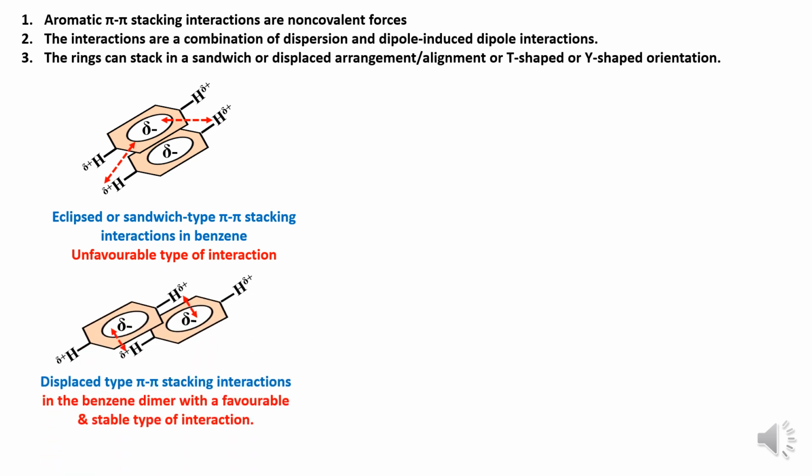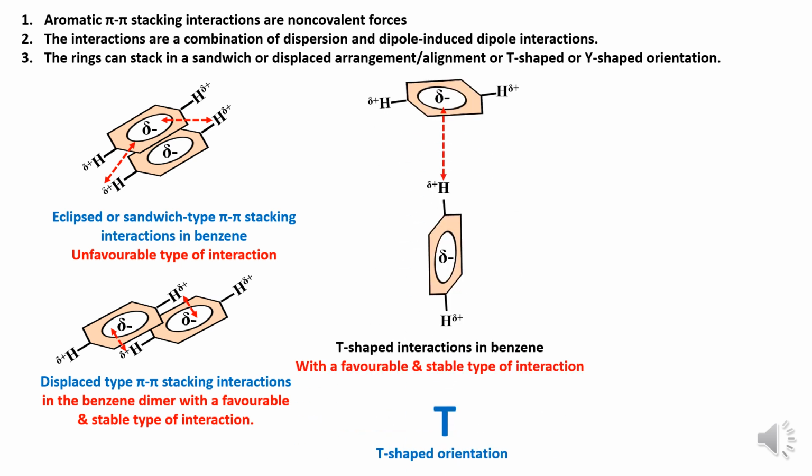And the second type is the displaced pi-pi stacking interaction in the benzene dimer. Here you find a favorable and stable interaction because the rings are slightly displaced away from their positions, and you can see an offset, a slight displacement of the aromatic rings, resulting in favorable interactions. The third type is the T-shape interaction in benzene.